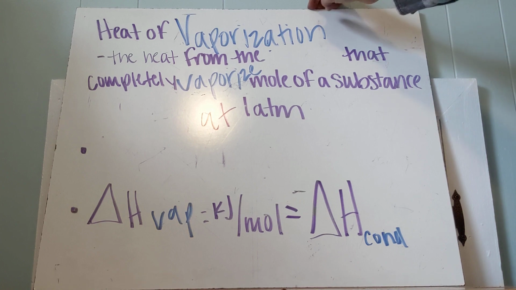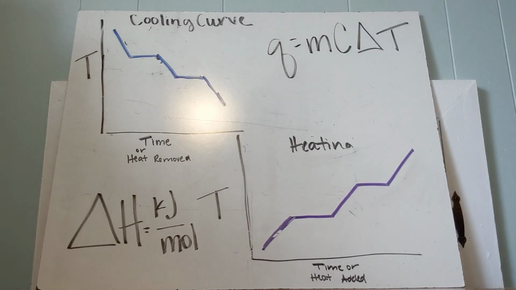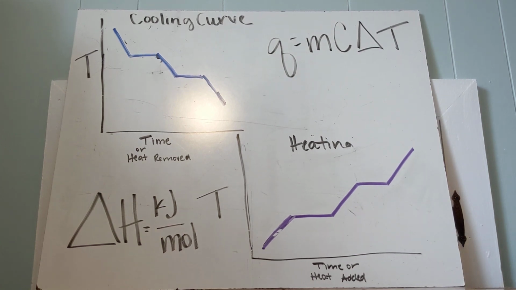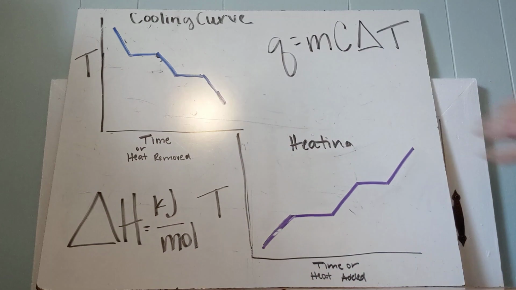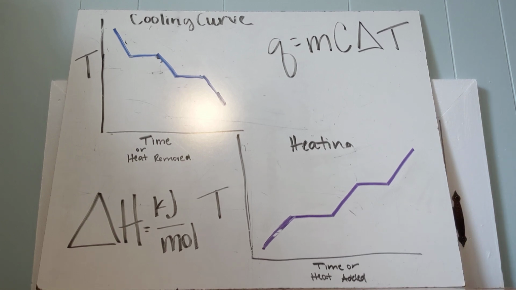So to bring this back to what we were talking about last week, we have our heating and cooling curves. Our cooling curve looks relatively like this, depending on what substance you're looking at. A heating curve looks relatively like this. Again, they're going to change a little bit depending on your substance.